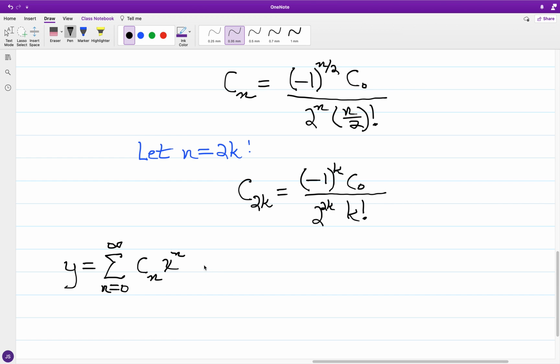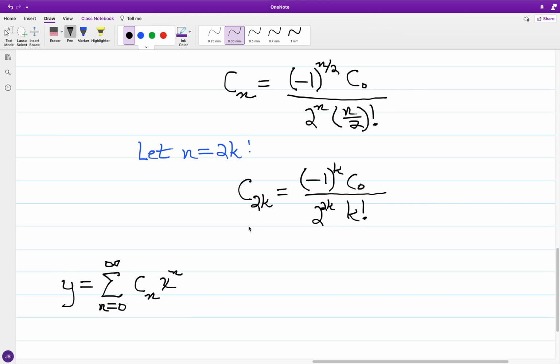And again, letting n go to 2k, as k goes from 0 to infinity, I have c of 2k times x to the 2k.